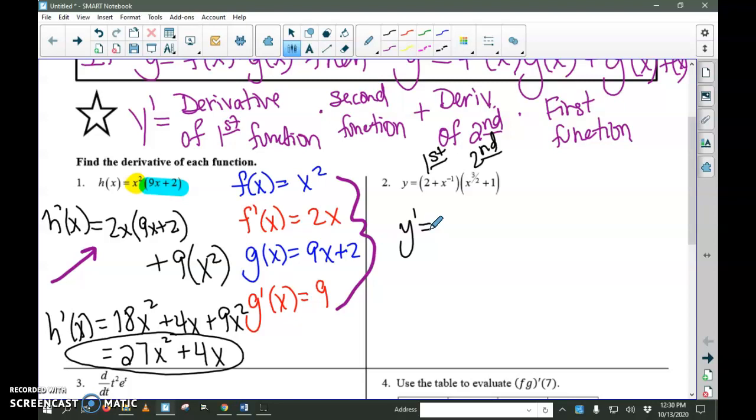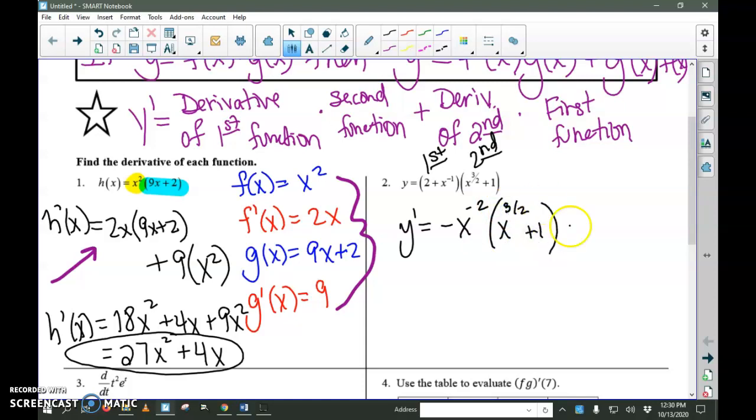And in order to find the derivative of this product, I have to do the derivative of the first, okay? So the derivative of 2 is 0, and the derivative of x to the negative 1 is negative x to the negative 2. And I'm going to multiply by the original second function.